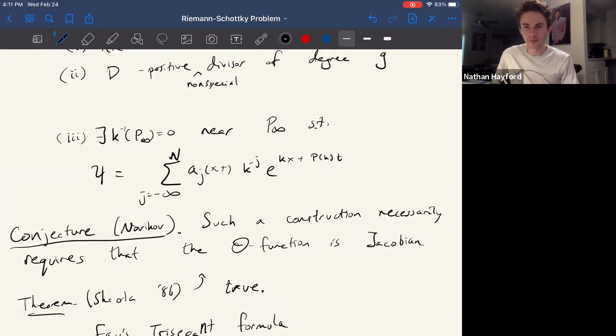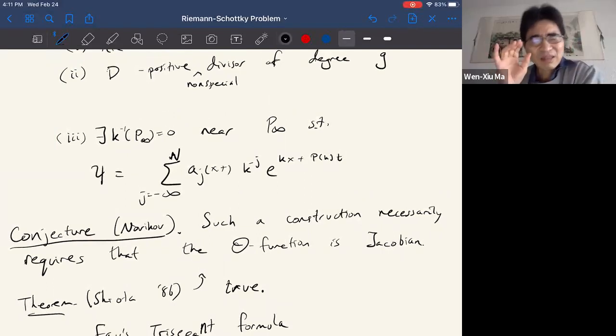Unless anyone else has questions before Dr. Ma? I think Professor Cummings raised some very general questions about the classification of Riemann surfaces or the classification of theta functions. So in soliton theory, we have two aspects actually.